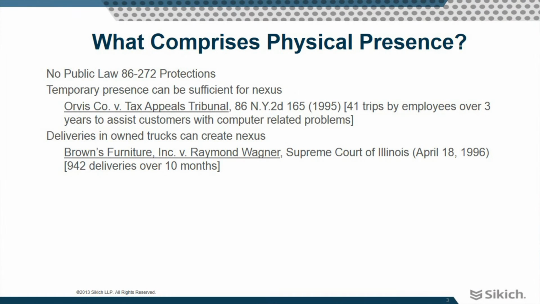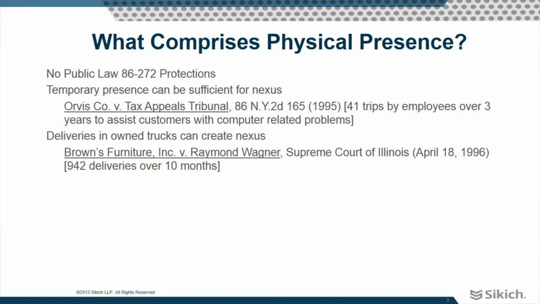A lot of times companies will assert, well, there's a federal protection in this. If all we're doing is soliciting sales in a state, federal law prohibits the states from taxing us. Actually, what companies are referring to is a federal statute called Public Law 86-272.